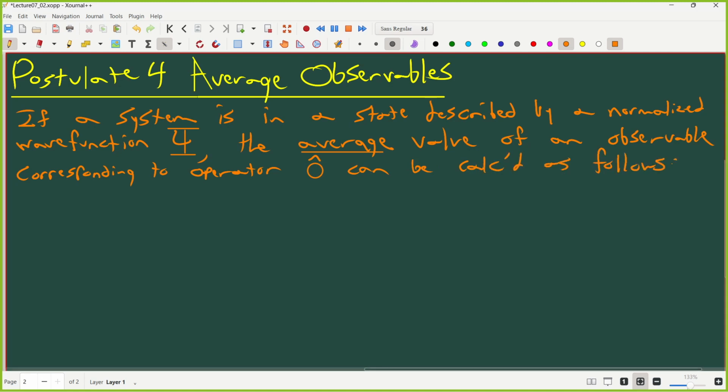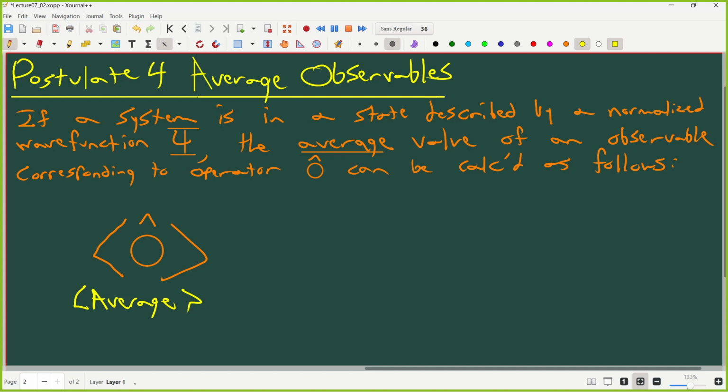When I write an average, we have a symbol for that. The average value of the O operator I put in these little angle brackets. This means average. If you've taken statistics, you might have seen this notation before. And the average is done just like the normalization.